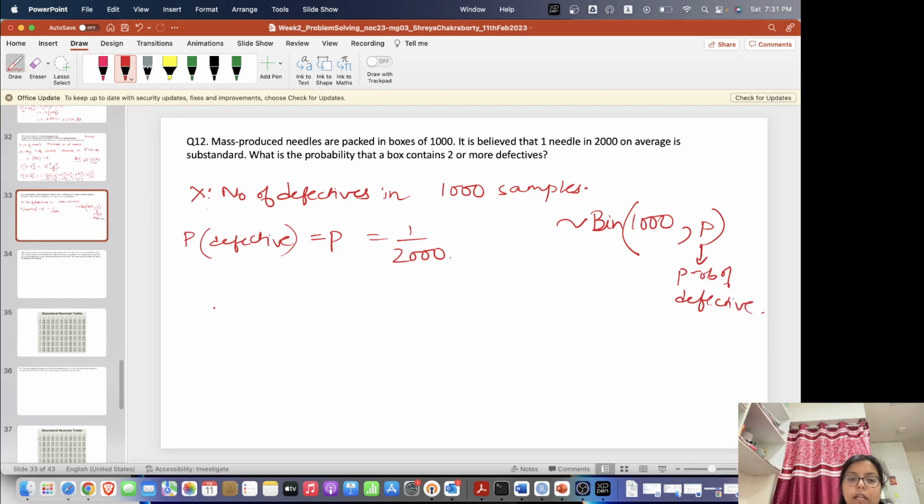So then the probability of not defective will be 1 minus p, which is 1999 by 2000.